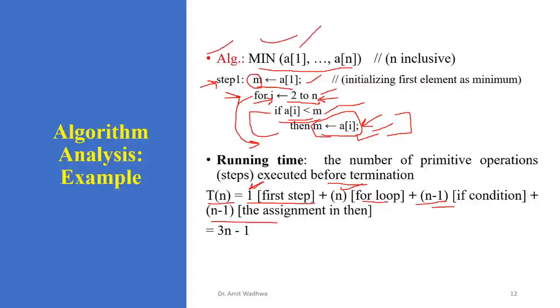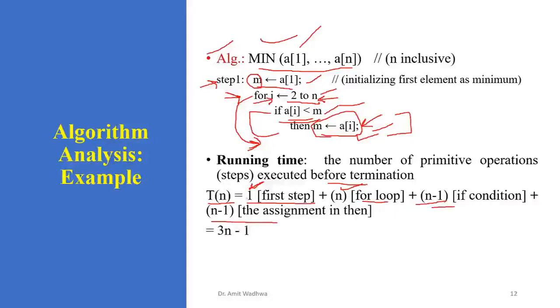So it is starting from 2 to n. If we include n, it will be n minus 1 total number of steps. But it will execute once more in order to come out of the loop, because when the last condition is checked, it will be false. So it will come out of that loop, performing one more computation. So n minus 1 plus 1 will give me n. That's why the for loop is counted as n.